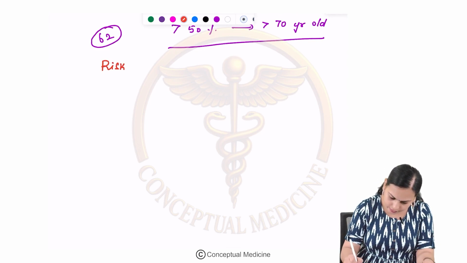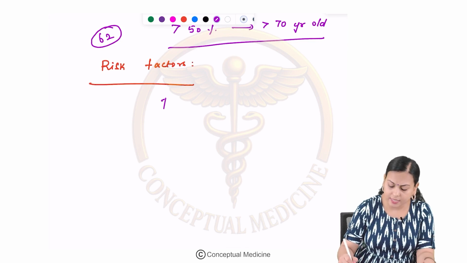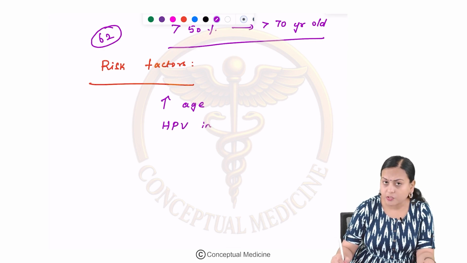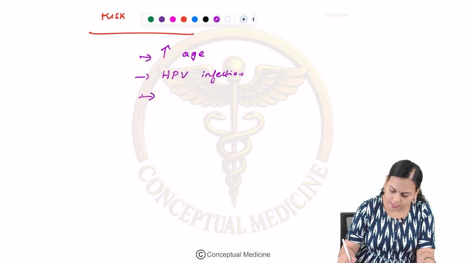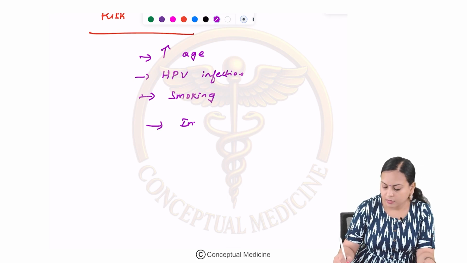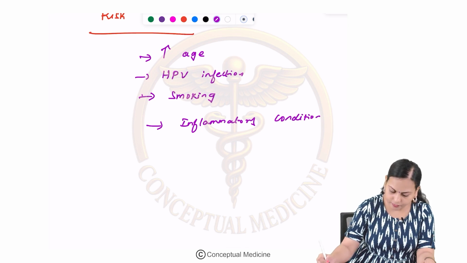So, risk factors will include increasing age. It can be due to HPV infection. Yes, we have seen how the pre-invasive lesions come through HPV infection. Then smoking. Then some of the inflammatory conditions affecting the vulva.